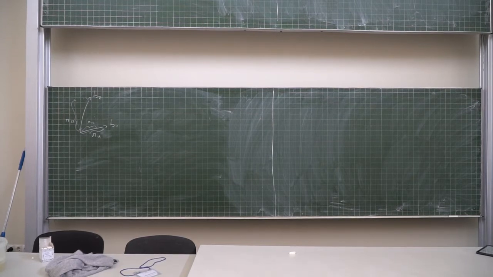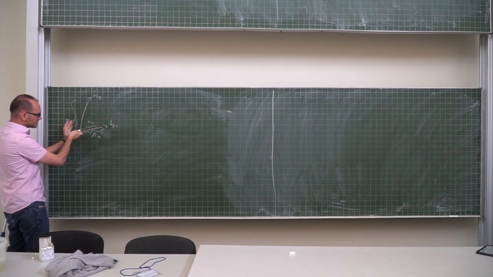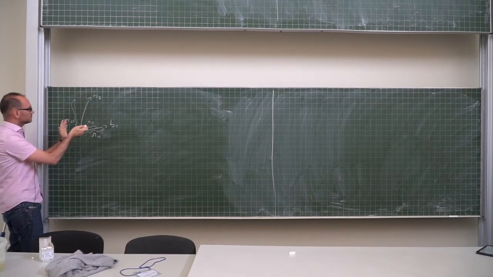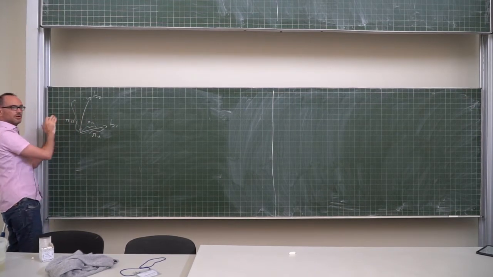And Q here is just whatever you need to rotate b1 and b2 so that these quantities are aligned with the axes. Okay, so the first column of Q rotates b1 such that this becomes the x-axis. And the second column of Q rotates b2 such that this becomes the y-axis.